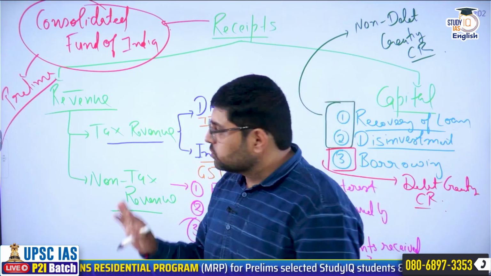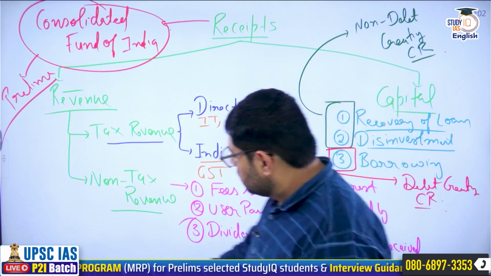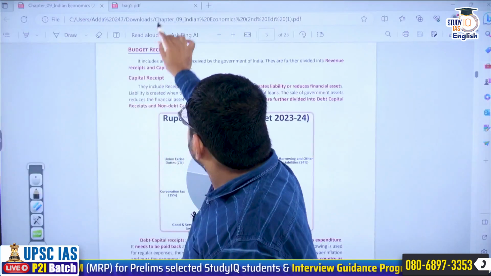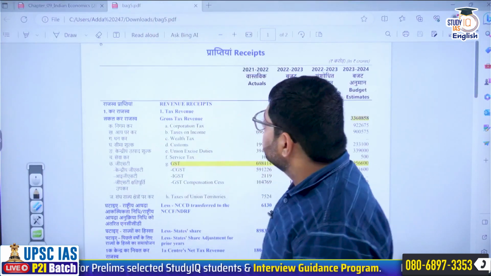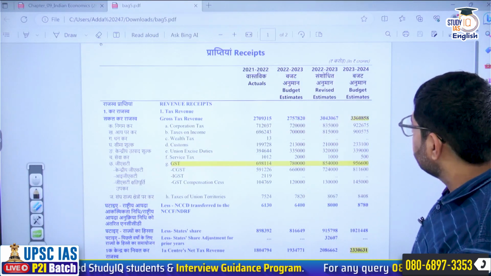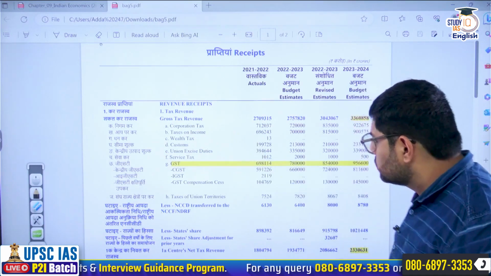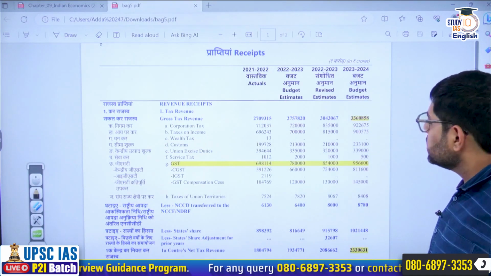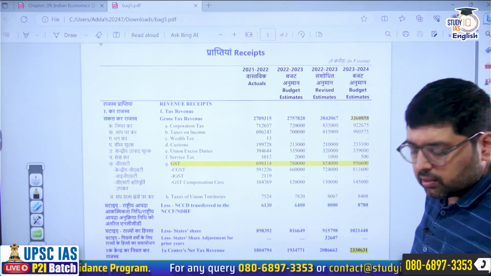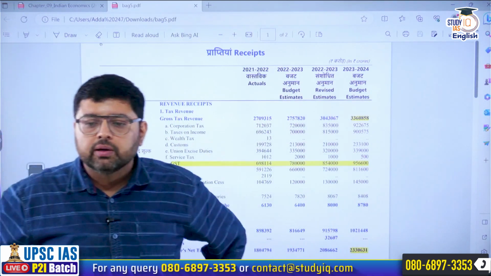So this is what you have to remember. Now we'll see in this PDF where the government is getting money from. Now if you see gross tax revenue, you know that tax is collected by the Government of India.